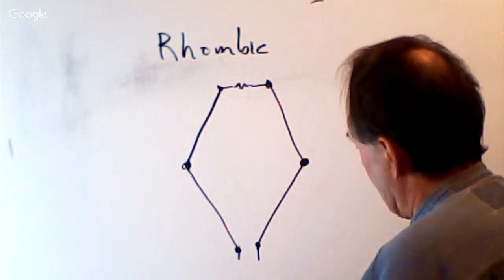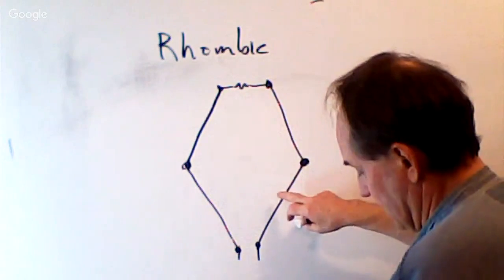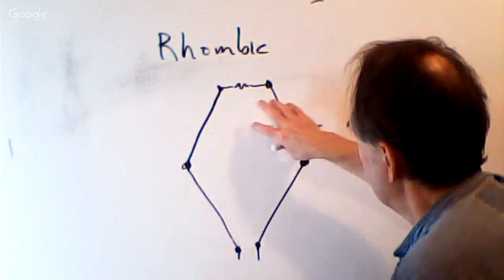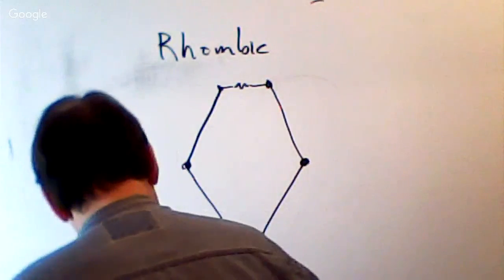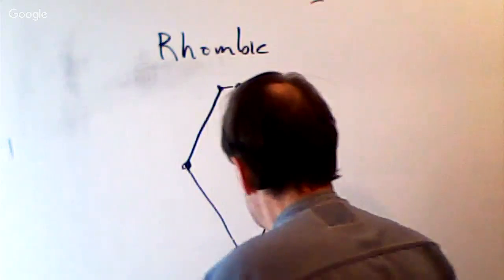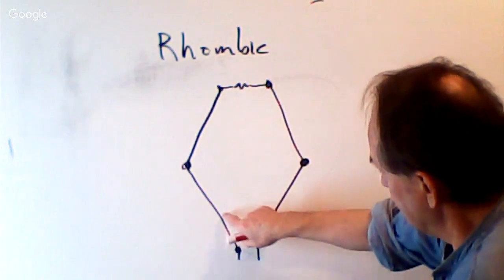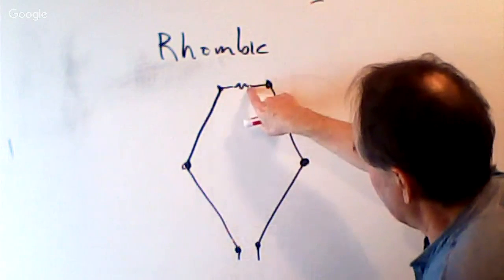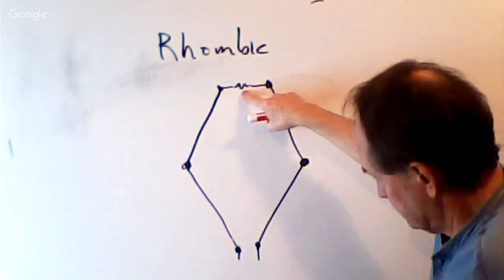And by using the correct vertex angles on here, you can get the lobes of the antenna pattern for each one of these legs to start lining up. Basically, what happens is this: you have a feed point at one of the acute angle vertexes, and at the far end, you load it with a non-inductive resistor.